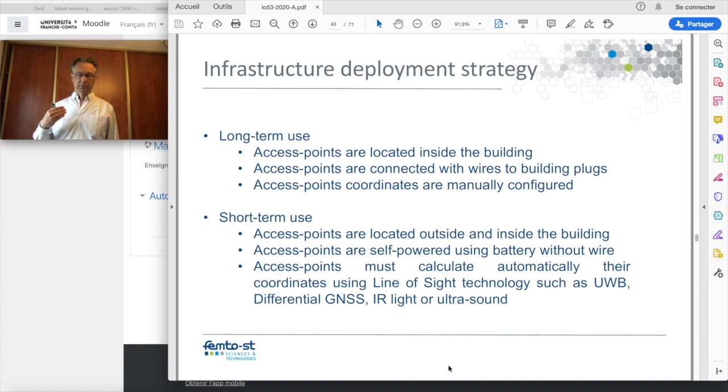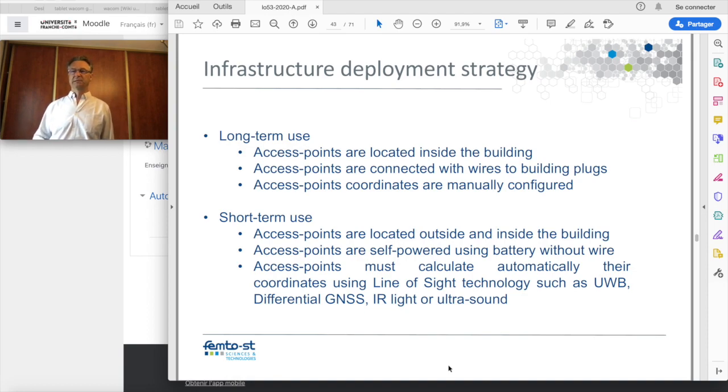For short-term use, it's easier to put the access point outside, because when you put it outside, you can receive satellites, and then you can calculate latitude and longitude using the GPS device.